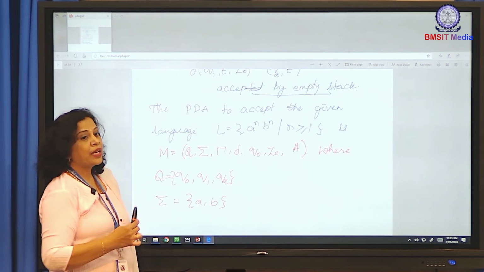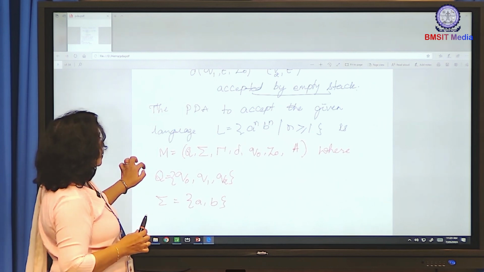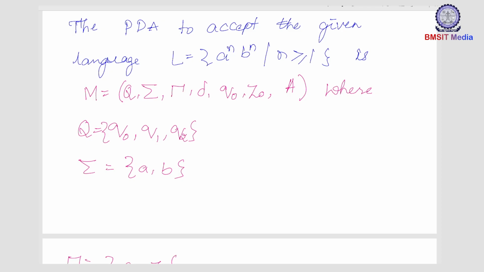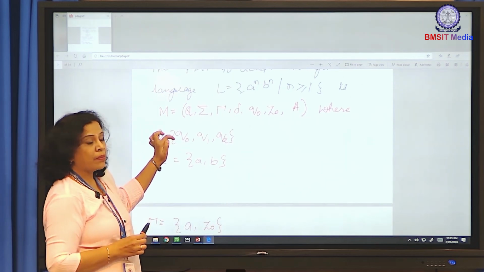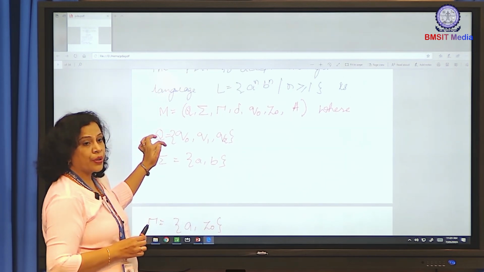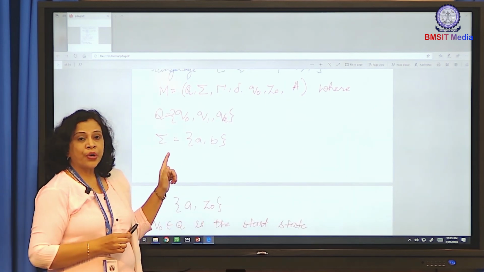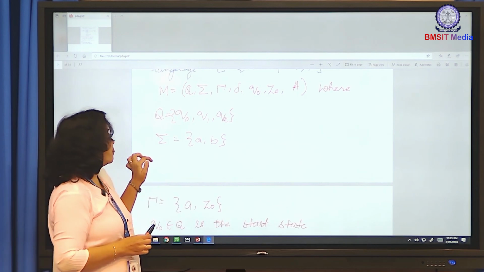For that, we will have to show this 7-tuple neatly again. The PDA to accept the given language L equals A raised to n, B raised to n for all n greater than or equal to 1 is M equals Q, sigma, tau, delta, Q naught, Z naught, A, where Q is Q naught, Q1, Q2.